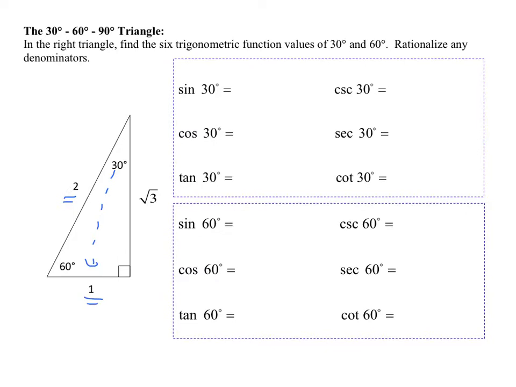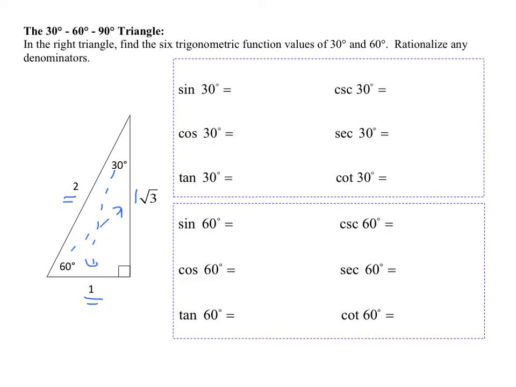And the side opposite the 60-degree angle will always be the side of the 30-degree angle, in this case it's 1, times the square root of 3. Okay, so it's the side opposite the 30-degree angle times the square root of 3. That is equal to the side opposite the 60-degree angle.